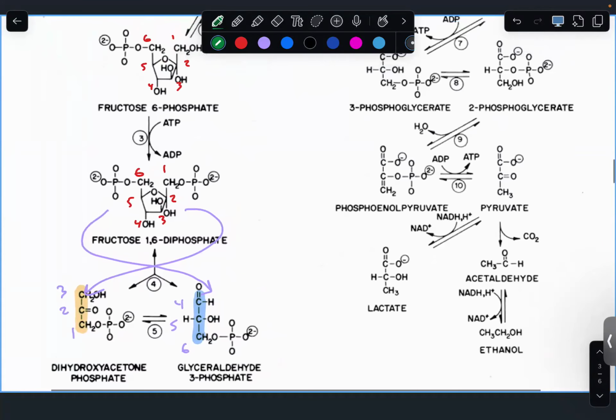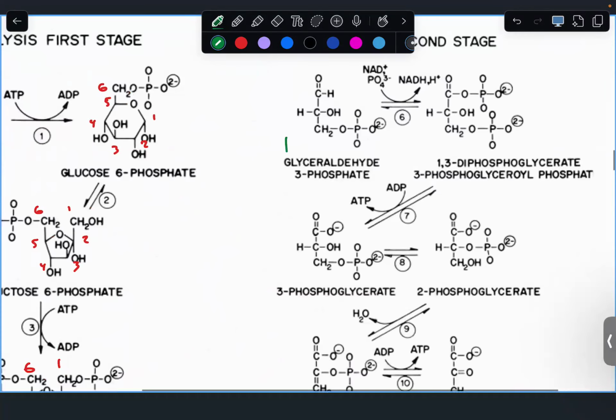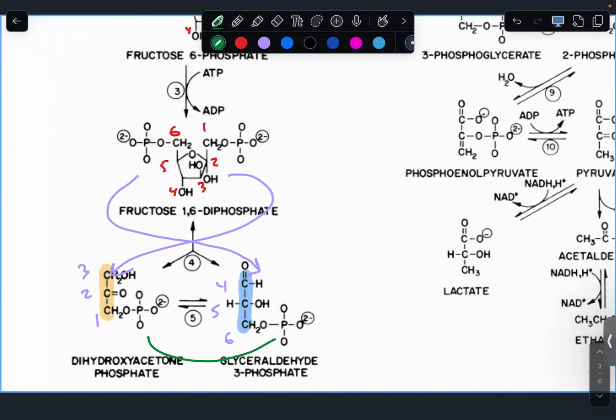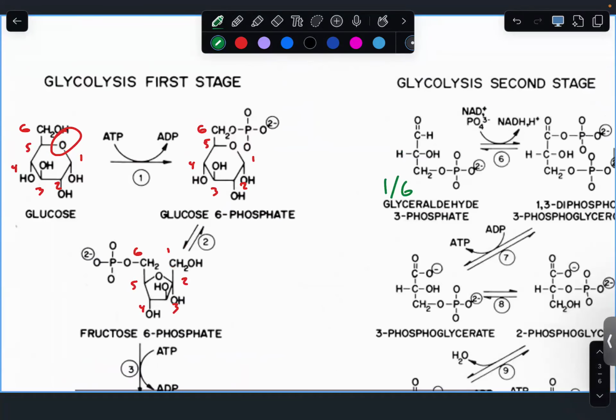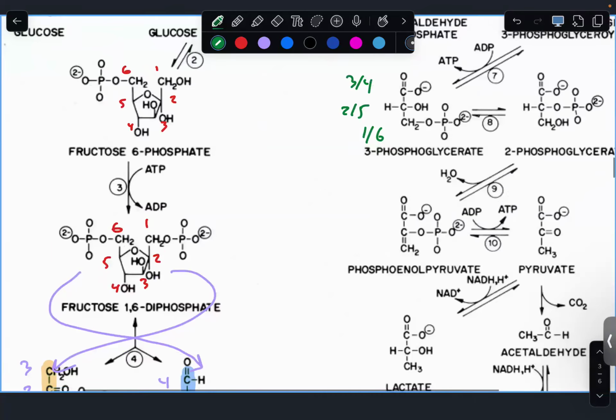Going forward, the labeling will always be 1, 6, because the phosphates stay in the same group. So it'll be 1, 6, 2, 5, and 3, 4, all the rest of the way down. And I'll just label that for consistency: 2, 5, 3, 4, 1, 6, 2, 5, 3, 4.